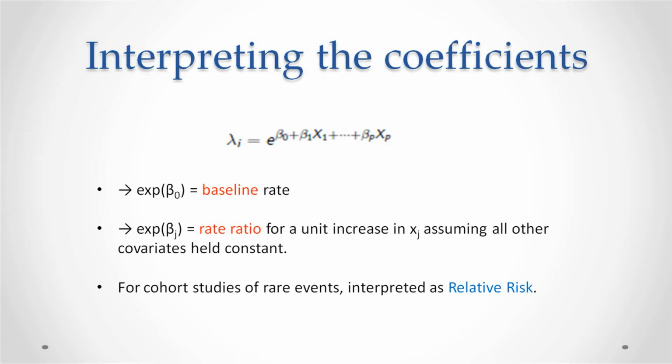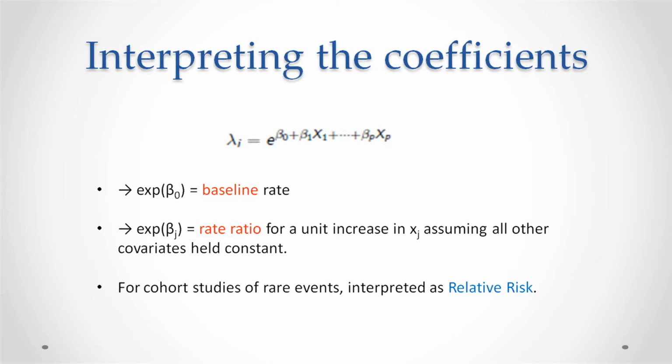This, for example, could be one attractive aspect of the logistic model, which makes it more popular over the probit model. So let us see if there is a similar natural interpretation of the coefficients for Poisson regression, for the log linear model.